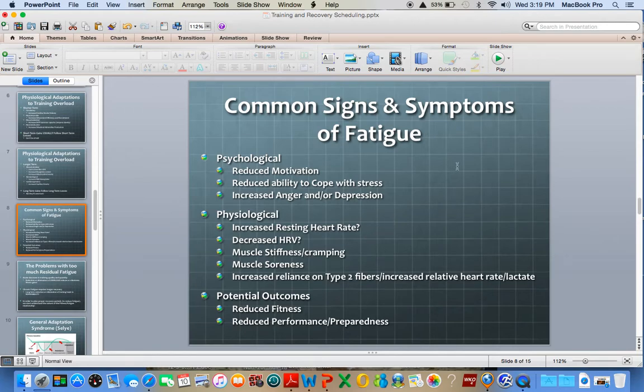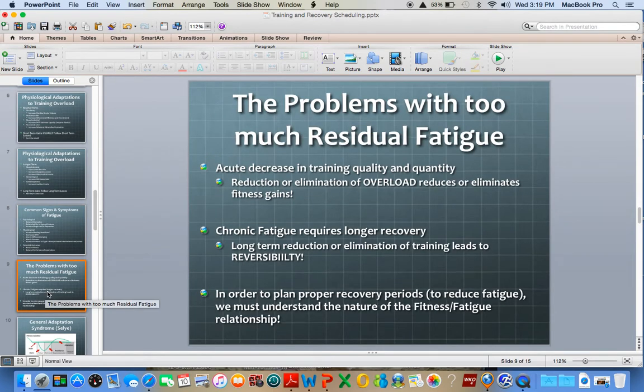So, not just training. So, some things here to think about. And then the problems associated with acute and chronic residual fatigue, which most of us carry through the entire race season.